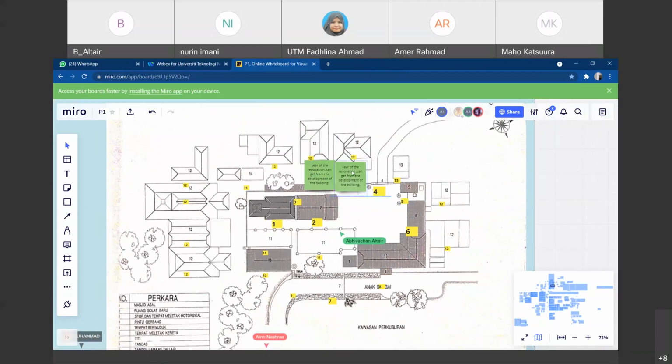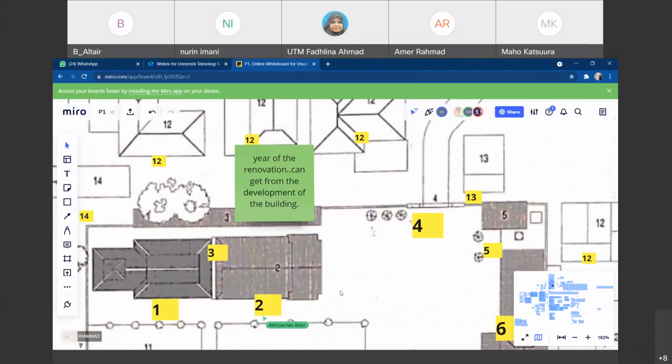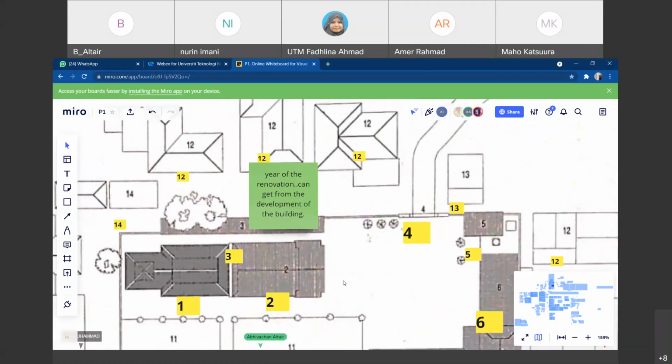Okay, Doctor. It's a question, Abi. For number 2, the space has a function for more jamaah, to cater for more people to pray in this area? Yes, Doctor. Is there any other function other than praying? Yes, Doctor, any activity for the villagers.